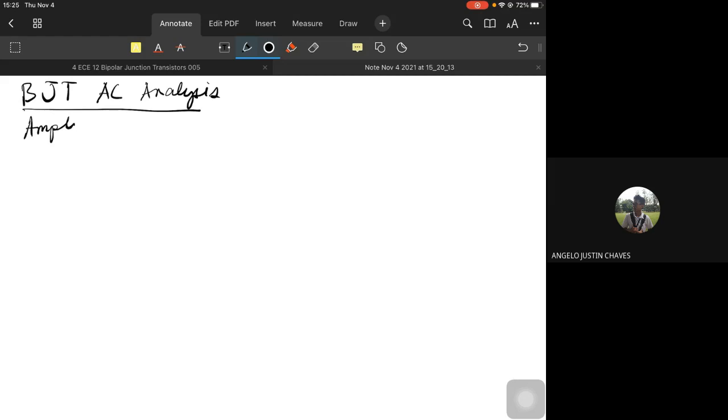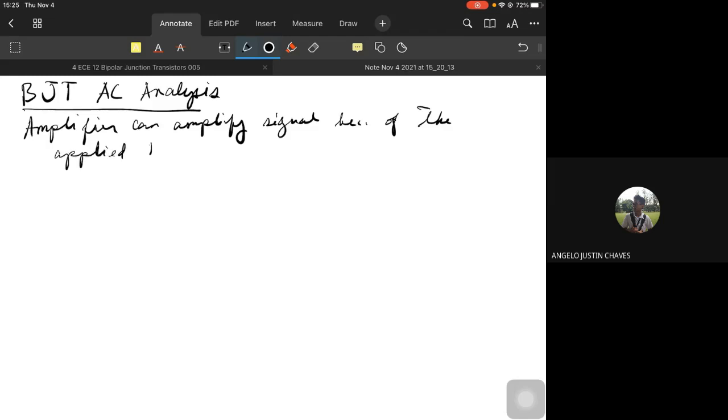An amplifier can amplify a signal because of the applied DC source. So we should never forget this one.